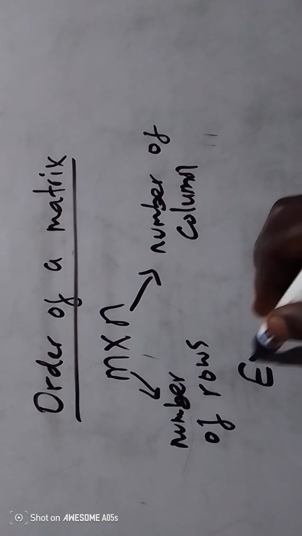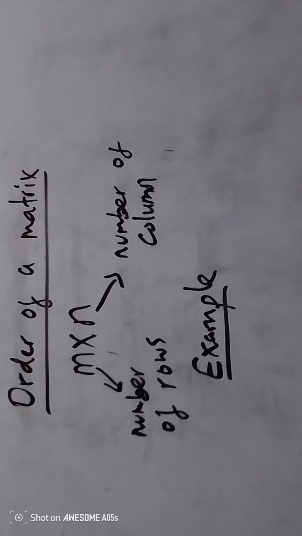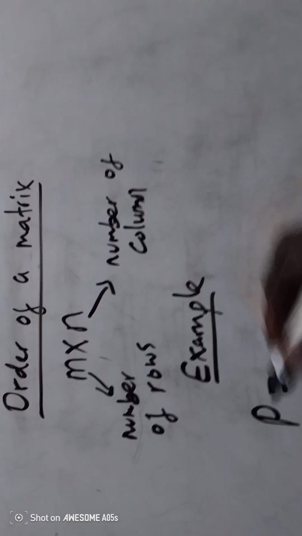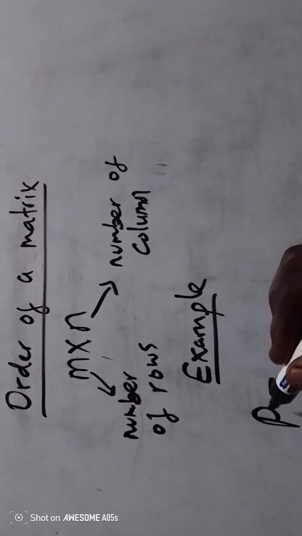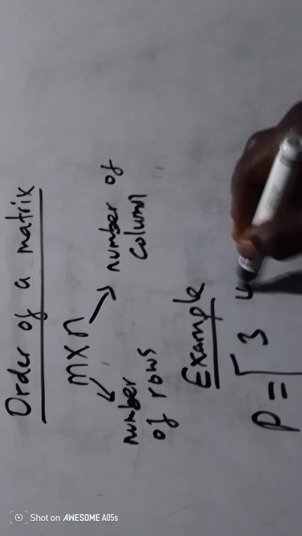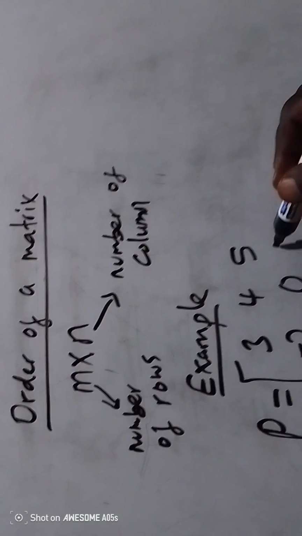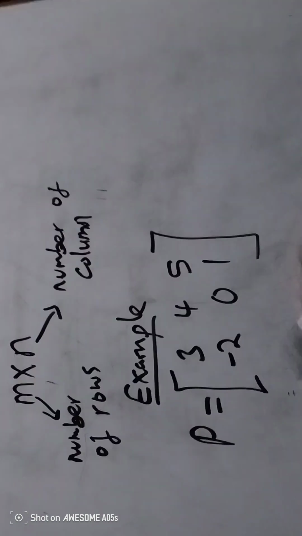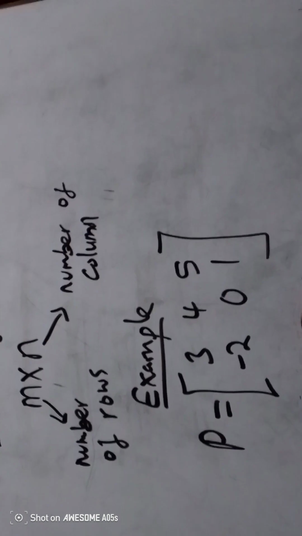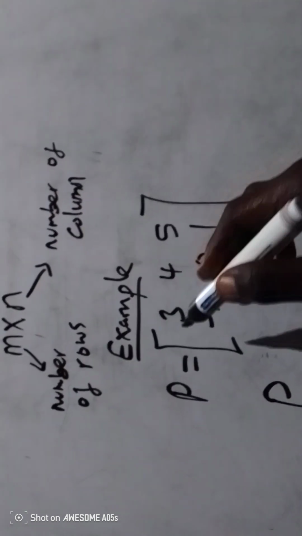Just a quick example. If you are asked to state the order of this matrix, matrix P, remember a matrix is always represented by a capital letter. And they ask you what is the order of this matrix, you say matrix P. As the order, you count the rows first.